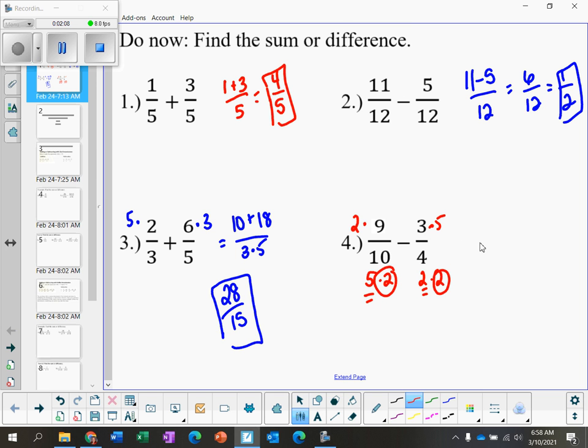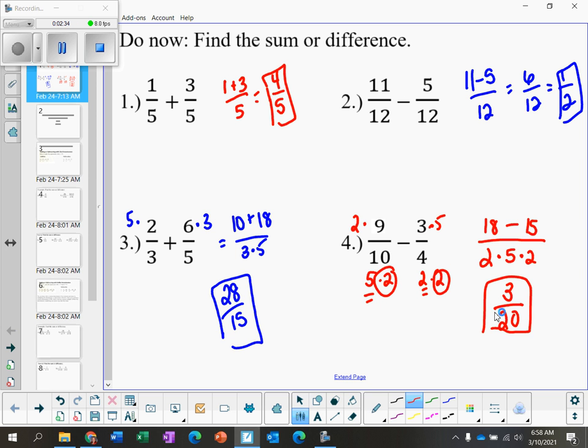So that's going to be 18 minus 3 times 5 is 15, and it's over the common 2 times the 2 pieces that were individual, the 5 and the 2. So reducing this, we get 3 over 2 times 5 is 10 times 2 is 20.